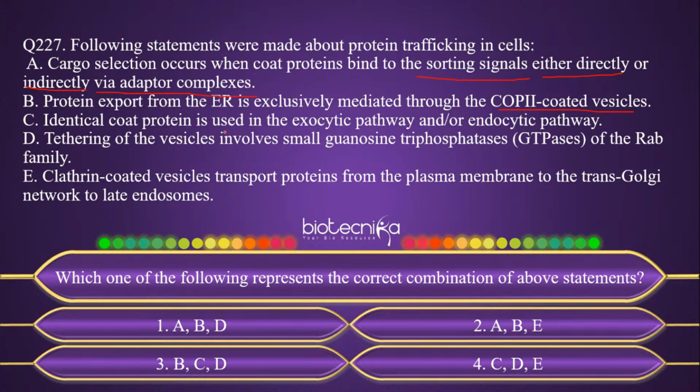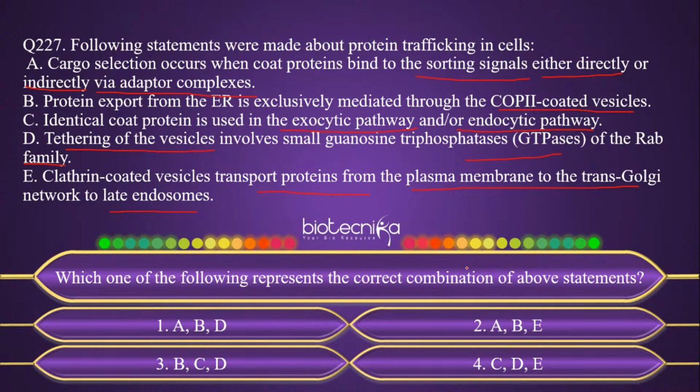C: Identical coat protein is used in both exocytic as well as endocytic pathways. D: Tethering of vesicles involves GTPases of the RAB family. E: Clathrin-coated vesicles will transport proteins from the plasma membrane to trans-Golgi to late endosomes. Now you have to find the correct combination of statements.